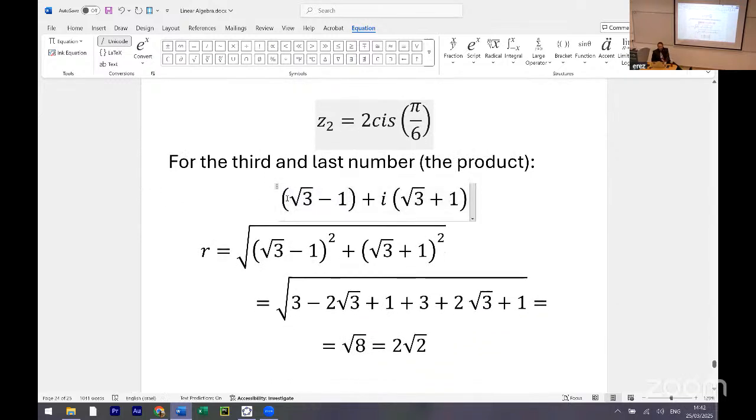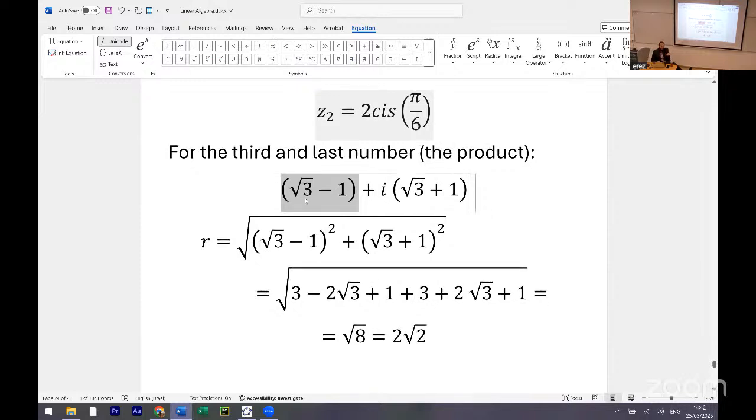I'll remind you, how do we find the angle? First, we need to see if the real part is positive or negative. The square root of 3 minus 1, is this a positive or a negative number? Positive, the square root of 3 is more than 1, right?